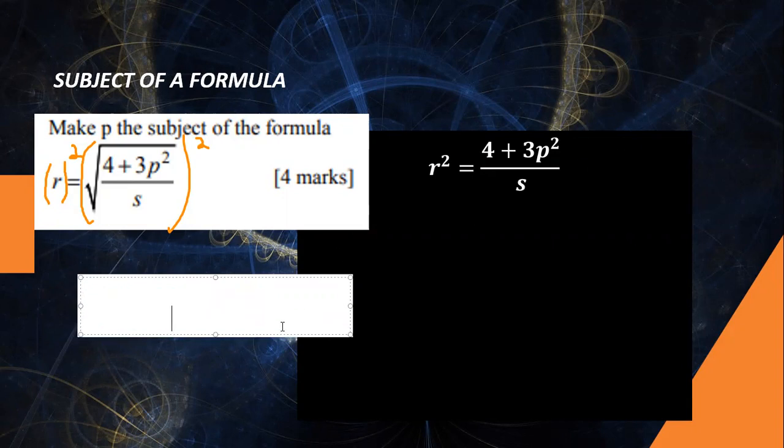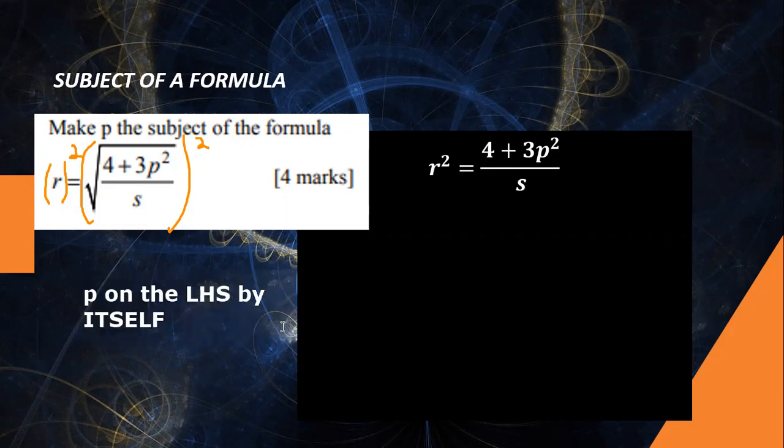Anytime you have make something the subject of the formula, find x, find k, find t, whatever, what is meant is that you have to have that letter on the left-hand side by itself. This is a very good working practical definition of making some letter, some variable, the subject. It should be on the left-hand side by itself, but P is on the right-hand side and not sitting by itself.